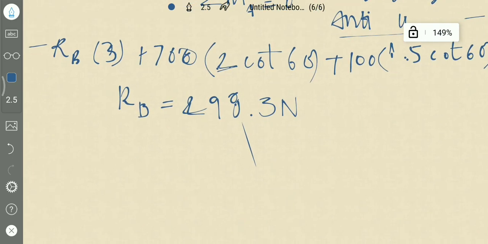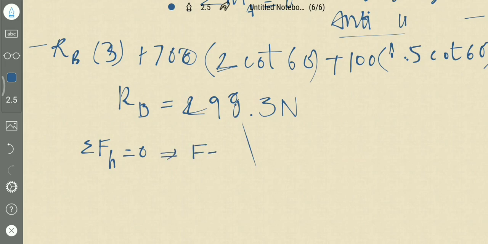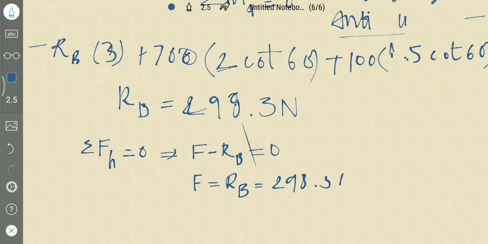This is moment 1. Another condition for equilibrium is that the horizontal component forces should be equal to 0, which means F minus R_B is equal to 0. F is equal to R_B, which is 298.3 newtons.